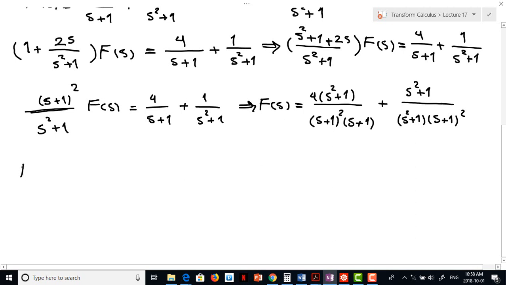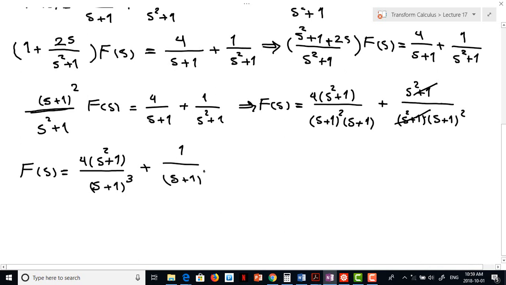I can simplify F(s). F(s) is equal to 4 times s squared plus 1 over s plus 1 to the power of 3, plus, I can cancel these two, so what is left is 1 over s plus 1 squared.